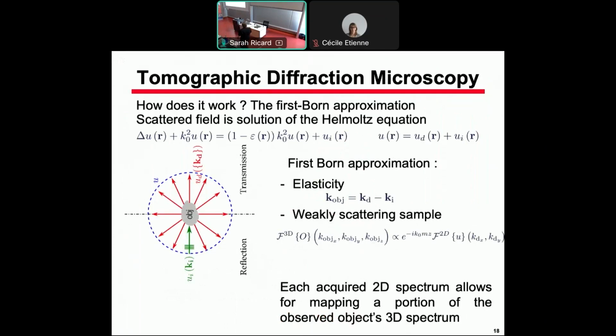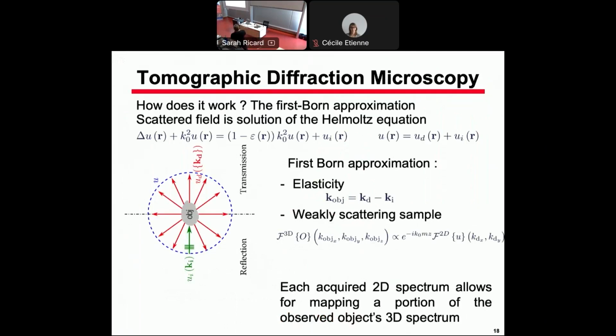So how does it work? A little bit more detailed. This is classical. From this general equation under the first Born approximation, we add elasticity, so there is no change in frequency.